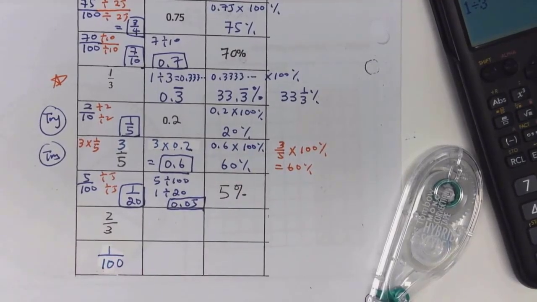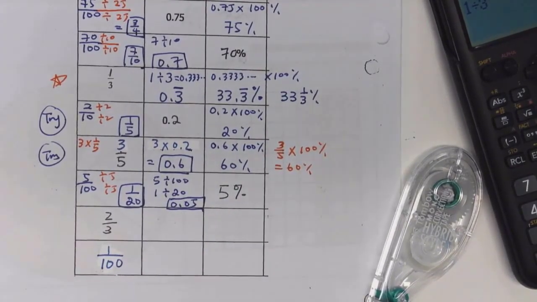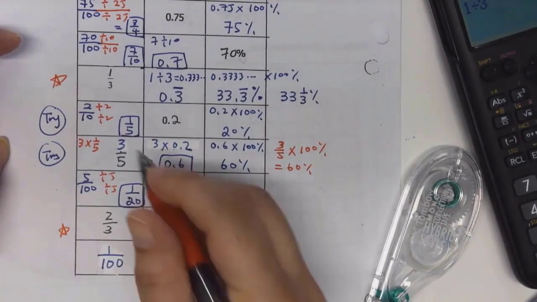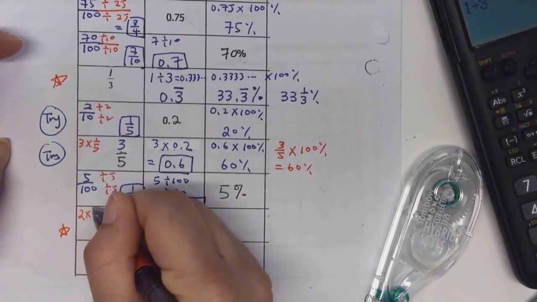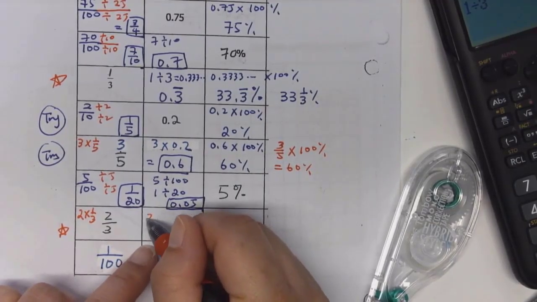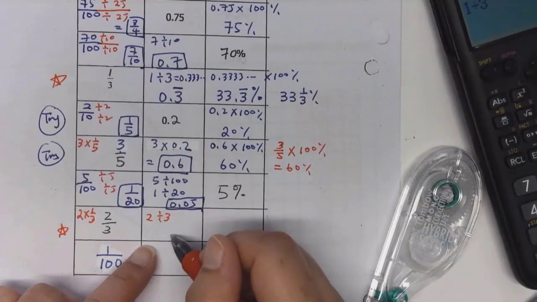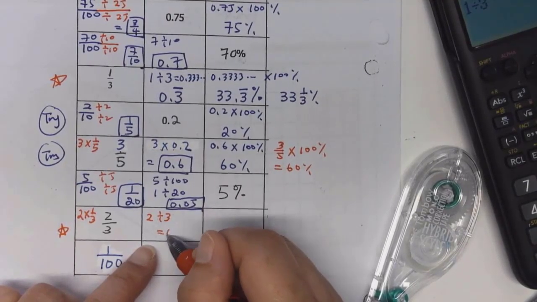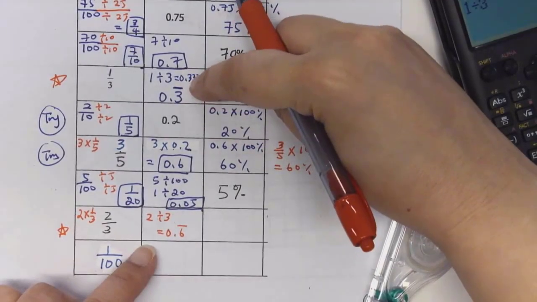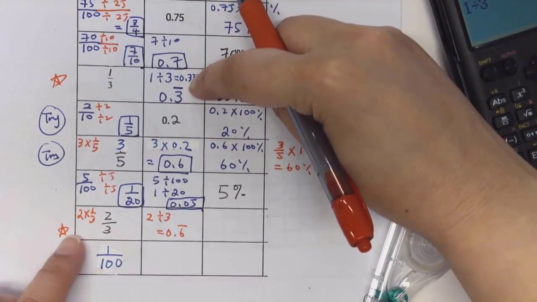Are we okay? Next one is 2/3. So 2/3 is going to be related to 1/3, right? 2/3 is going to be 2 times 1/3. This one would be what? Yes, how did you get that? Oh, okay. 2 divided by 3 is going to be a 0.6 repeating. Or you can do like this, 0.3 repeating times 2, right?